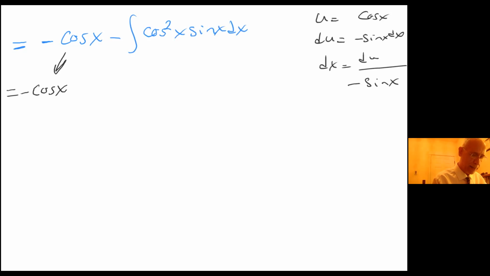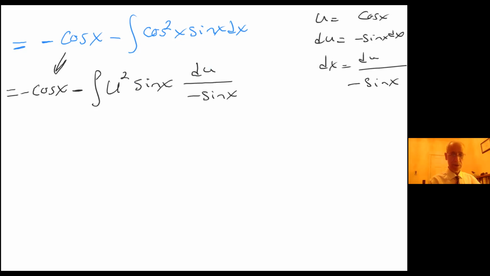Then I have minus the integral of u to the second times sine of x, and with dx we said it's du over minus sine of x. And notice the sine of x nicely cancels out. So now this equals minus cosine of x. I have a negative here, times negative gives me positive, integral of u squared du.